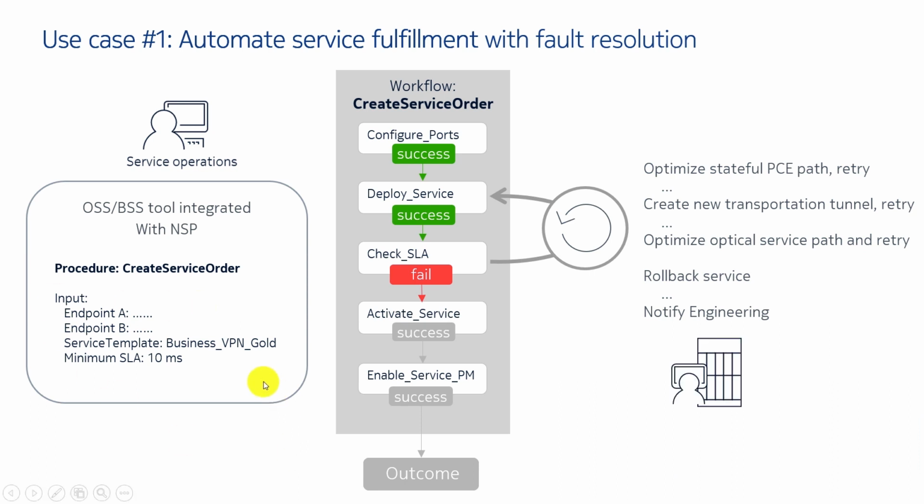In this case, the workflow manager application can be programmed to perform other tasks, such as optimize the stateful PCE path and retry service deployment. It can create a new transport tunnel that meets the requirements for the service. It can possibly even optimize the optical service path in the optical layers to see if that will help us meet the IP path requirements for the service.